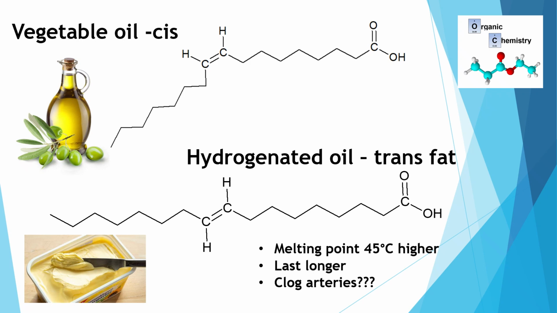Now, the trans orientation is good for those who want to have a solid spread because it increases the melting point by 45 degrees and it makes the spread last longer. The only problem is this is a trans fat, and trans fats are found to have a bigger impact on clogging arteries or causing heart disease.